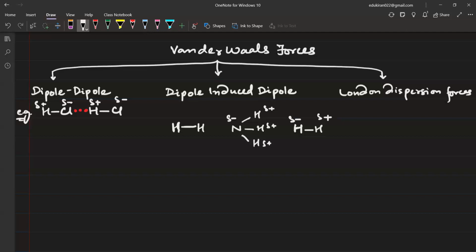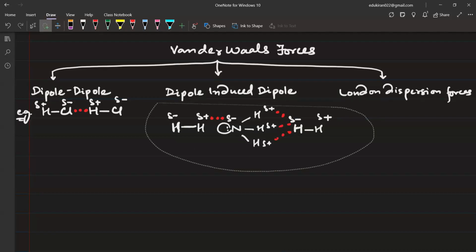Similarly, this nitrogen's delta negative, and also there is a lone pair. This lone pair will be pushing the electrons away on this hydrogen atom. So this will become delta positive and this will become delta negative. And then they can have interaction. These positive and negatives can have interaction. All of you got this? Yes or no? Please tell me.